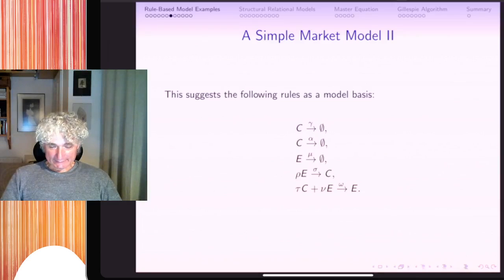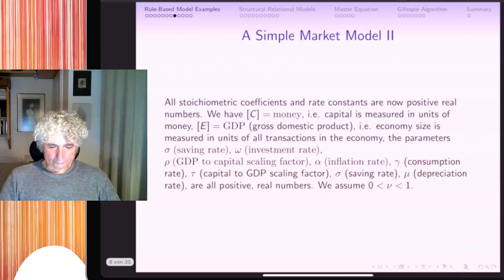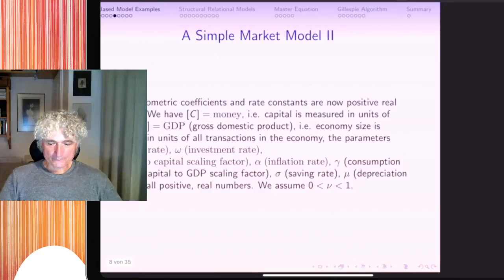Okay, so this is the model, and we will see in a future lecture how this model actually behaves. It will be very interesting. We will very much later also look at a dynamical system that is based on these rates and rules. Right, so here is just a little bit more explanation of the types, which you can have a look at in the slides coming with the lecture.